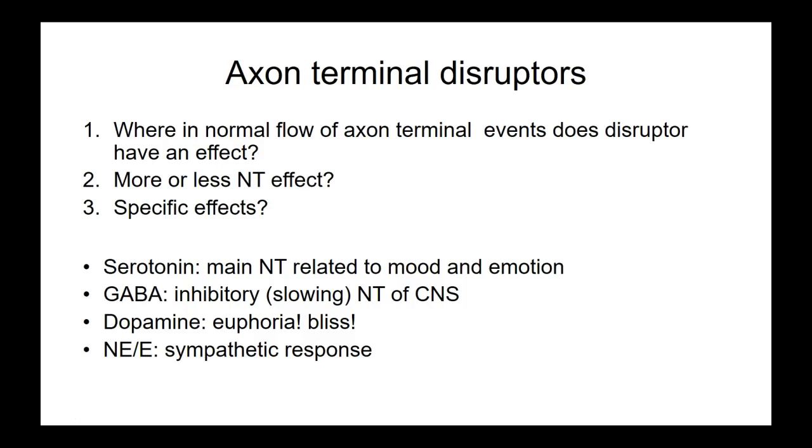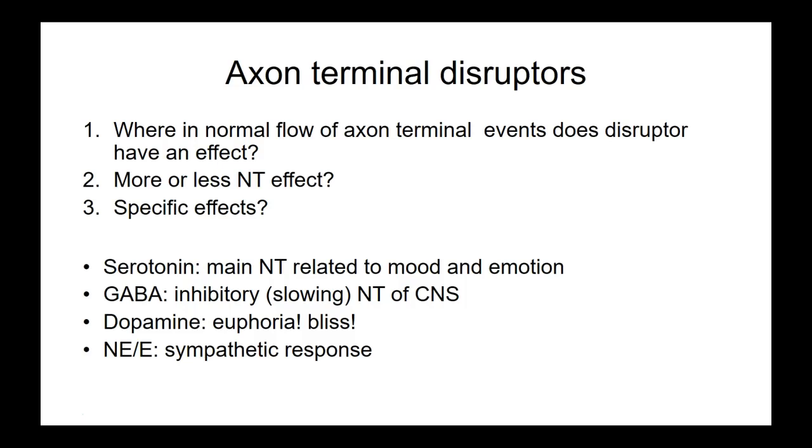So that's one of the things you want to think about. What are the consequences of that? Do you get more or less neurotransmitter? And then if you have more or less neurotransmitter, or if you get signaling from that receptor that's elevated or decreased, what are the effects on that cell or tissue, do you think? Right? So these are the sequence of events that we need to be talking about.